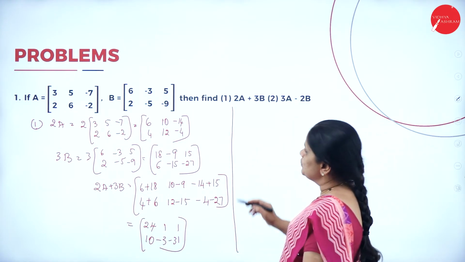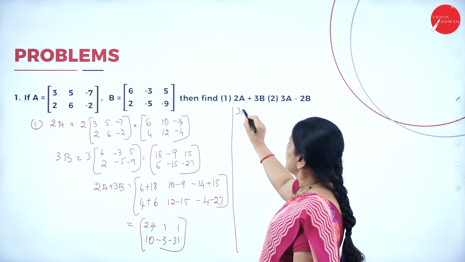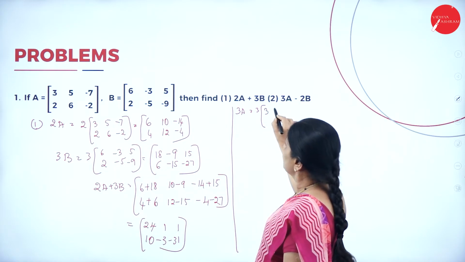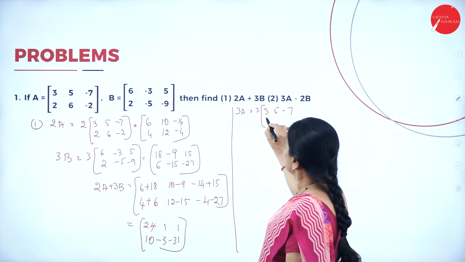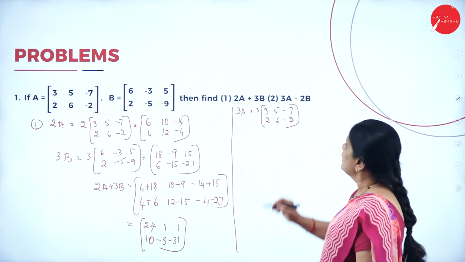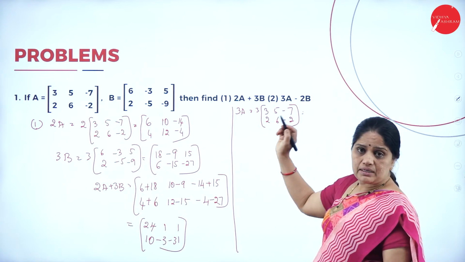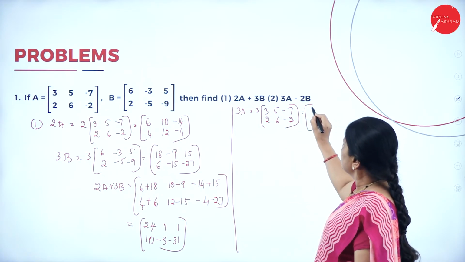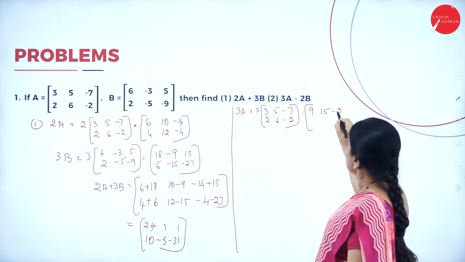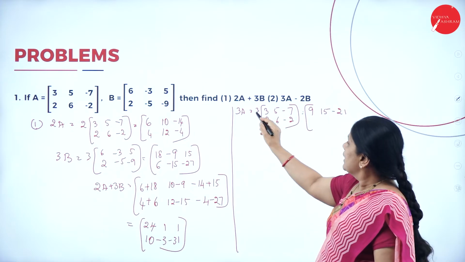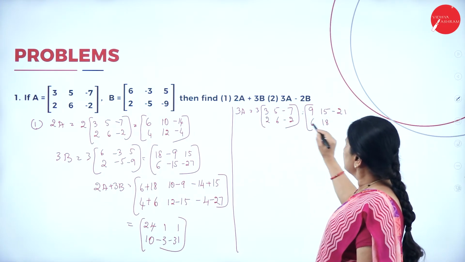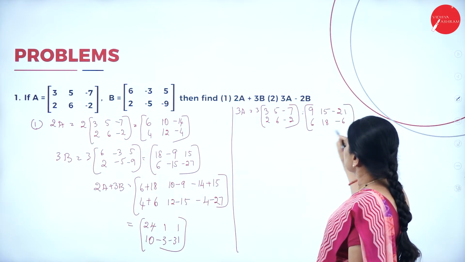3A minus 2B. Now, I write 3A equals 3 into 3, 5, minus 7, 2, 6, minus 2. Now, I will multiply each element by 3. So, this will be 3 3s are 9, 3 5s are 15, 3 7s are 21. Again, 3 2s are 6, 3 6s are 18, 3 2s are 6.